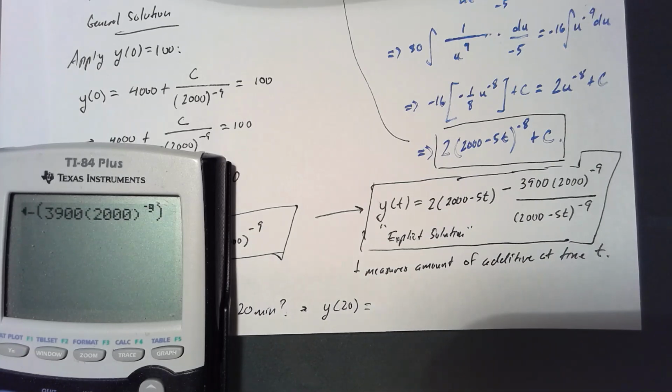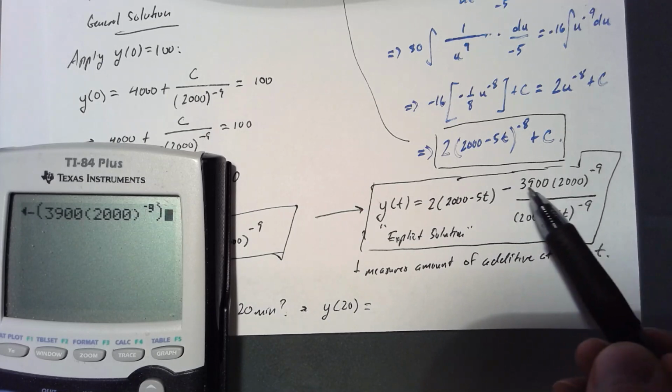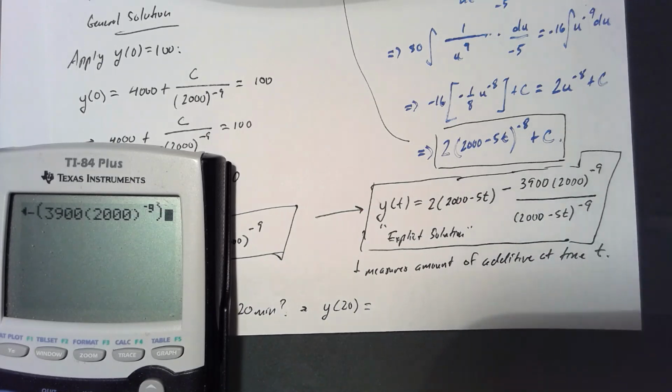That's the numerator of this, right? Divided by the denominator, which is 2,000 minus 5 times 20.